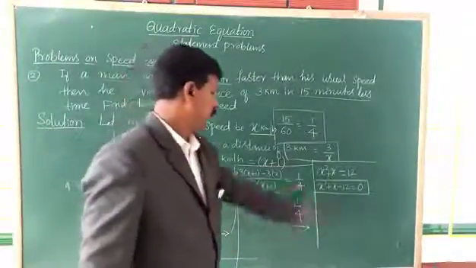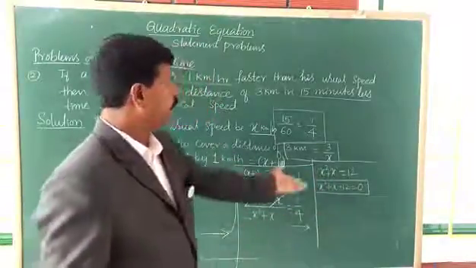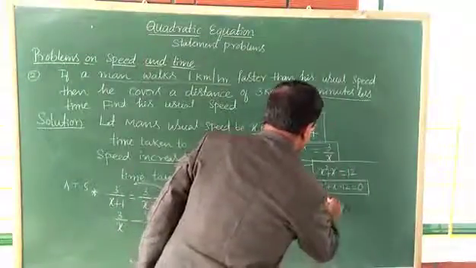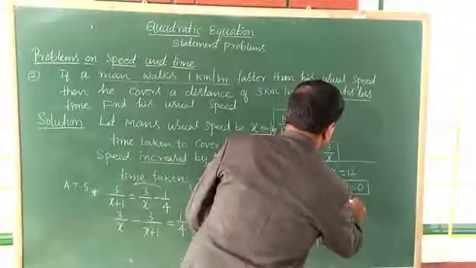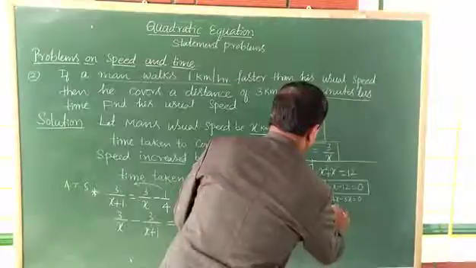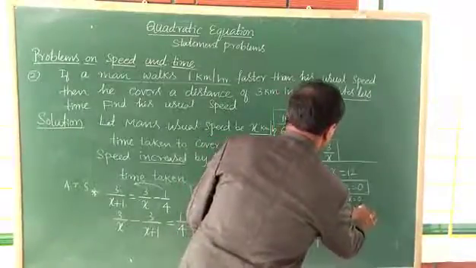Then after this, here is the one quadratic equation. Now on simplifying, what will you get? x square plus 4x minus 3x minus 12 equals 0. So (x plus 4) into (x minus 3) equals 0.